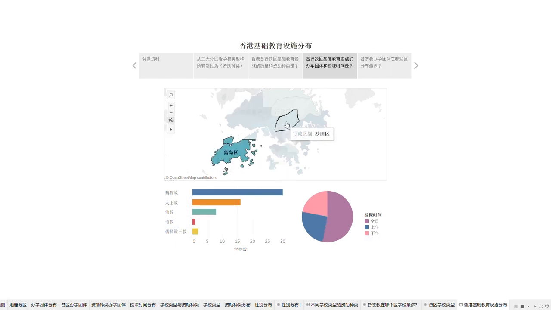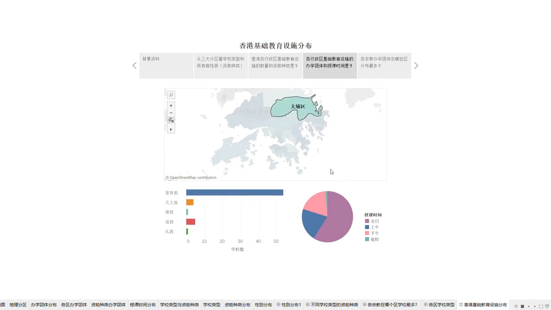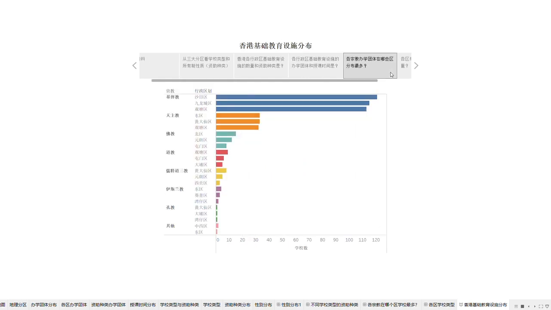For the teaching mode, purple is the full-time school, and there are also some schools that only run in the morning, which is the blue pie. The pink ones only run in the afternoon, and the green one is night school. So there are various kinds of teaching modes in Hong Kong schools, and also diverse religious groups. Indeed, there is a lot of diversity in Hong Kong schools.